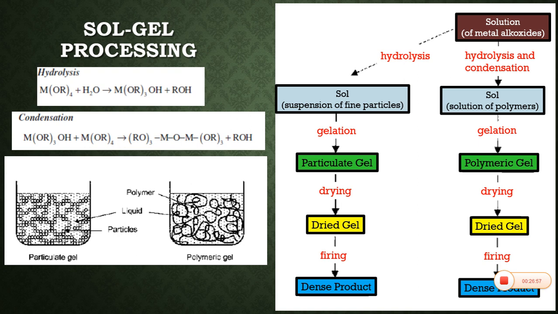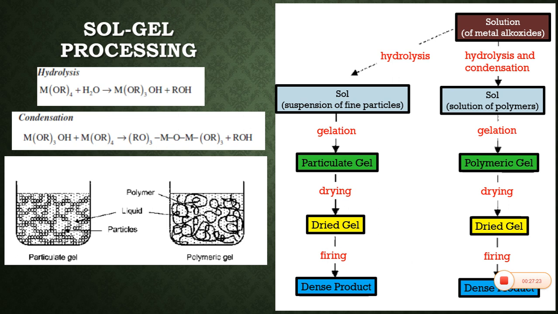Here in the metal alkoxide, M represents the metal, whereas R is the alkyl group, and OH is the hydroxyl portion.